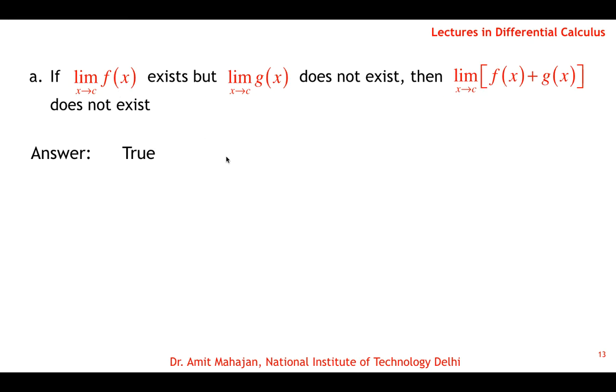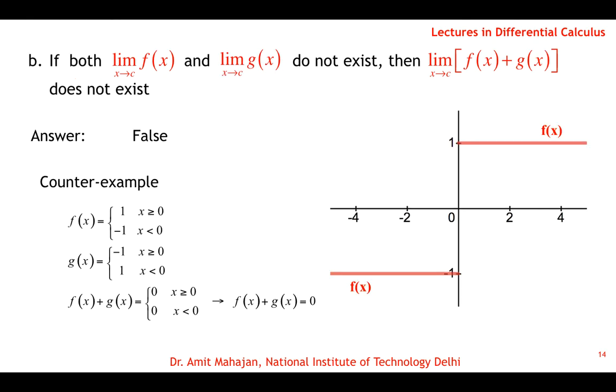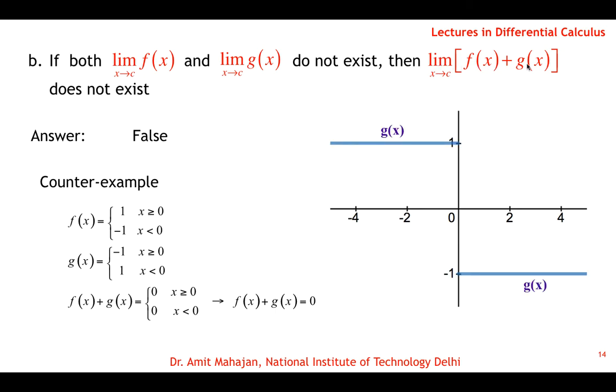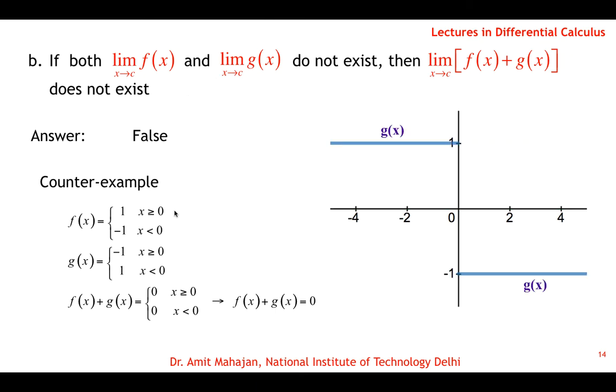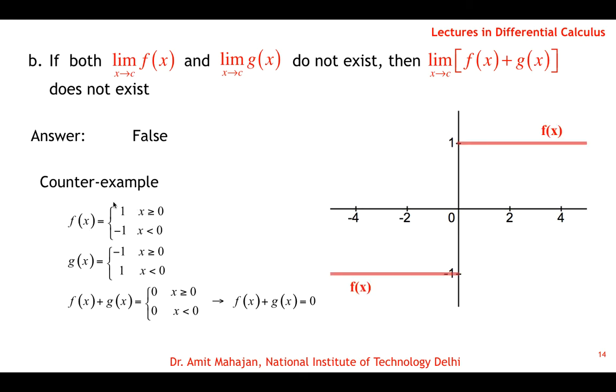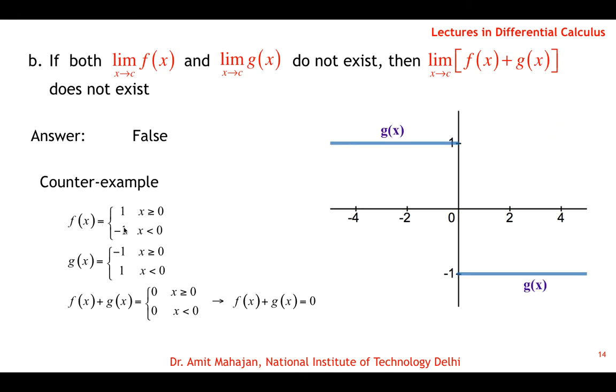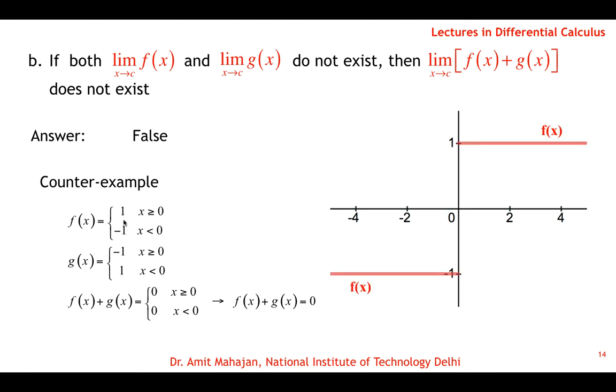The second statement was that if both limits do not exist, then the limit of the sum also does not exist. This statement is false because we have counterexamples. For example, say f(x) has a jump discontinuity at the origin, so the limit at the origin does not exist.